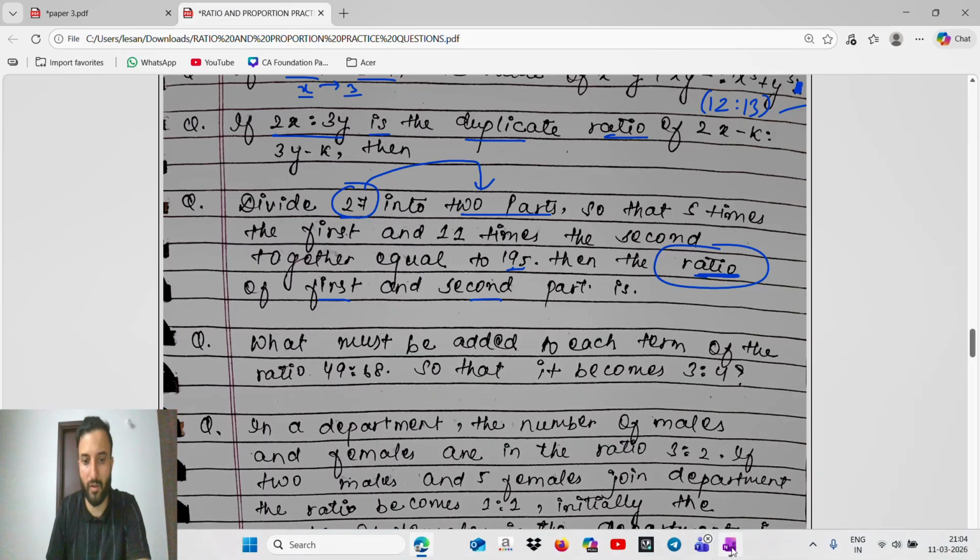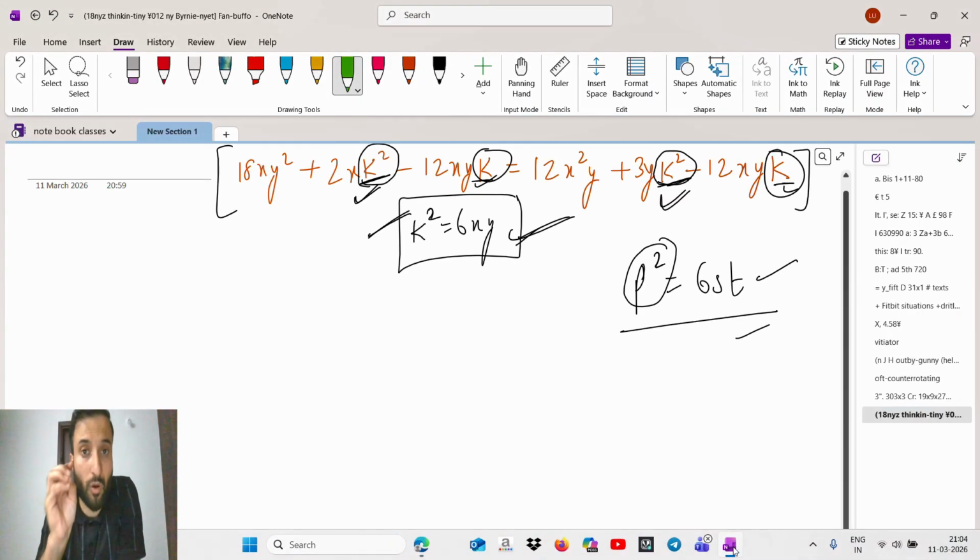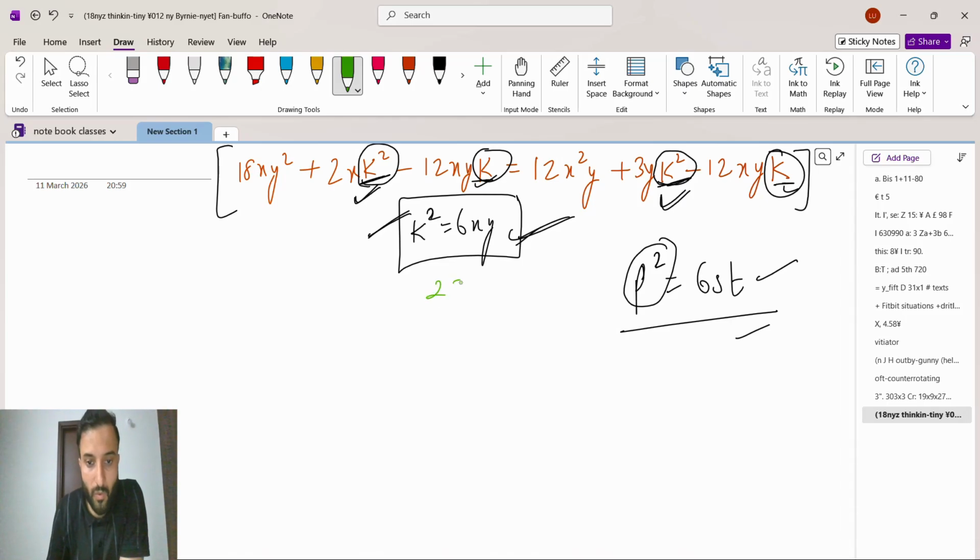This concept we already studied in the equation chapter. Whenever we have to divide a number into two, what will we do? First we will take it as x, the second will become 27 minus x. I hope you know this concept.